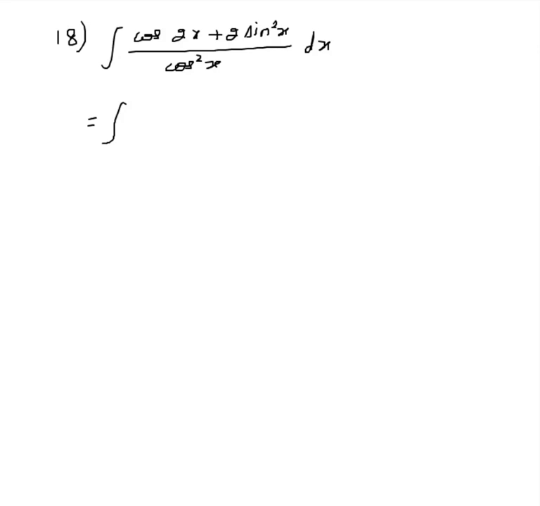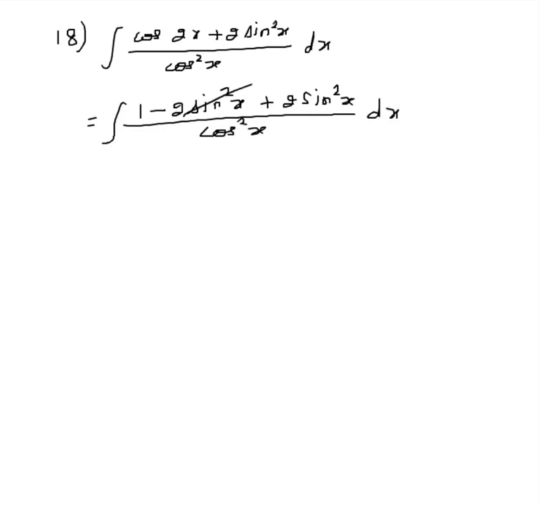Cos 2x has 4 formulae. But since the numerator has a sine square term, let us use the formula using sine. Cos 2x in terms of sine is 1 minus 2 sine square x. And the second term given is plus 2 sine square x divided by cos square x dx. These two terms are getting cancelled.